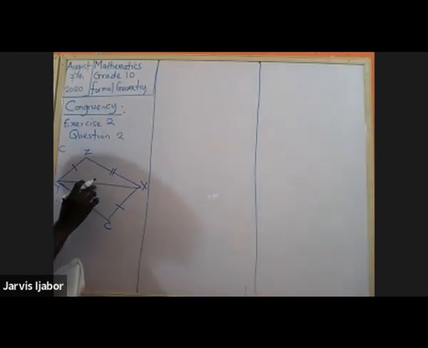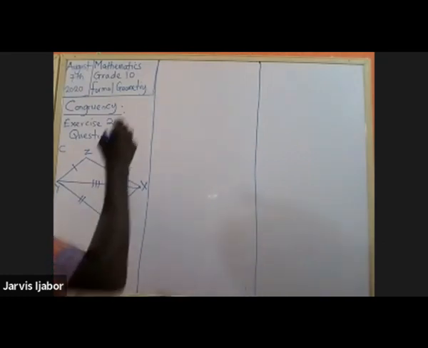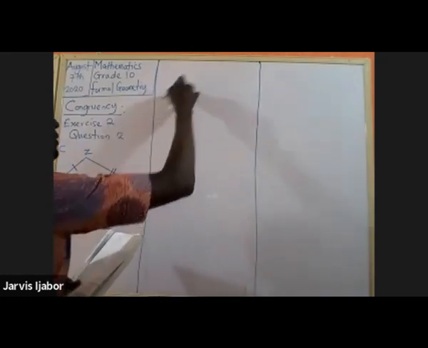Now, notice that this is common to these two triangles. So I'll put 3 double strokes here. And then the next thing I'll do is that I'll draw separating them. Look at it.